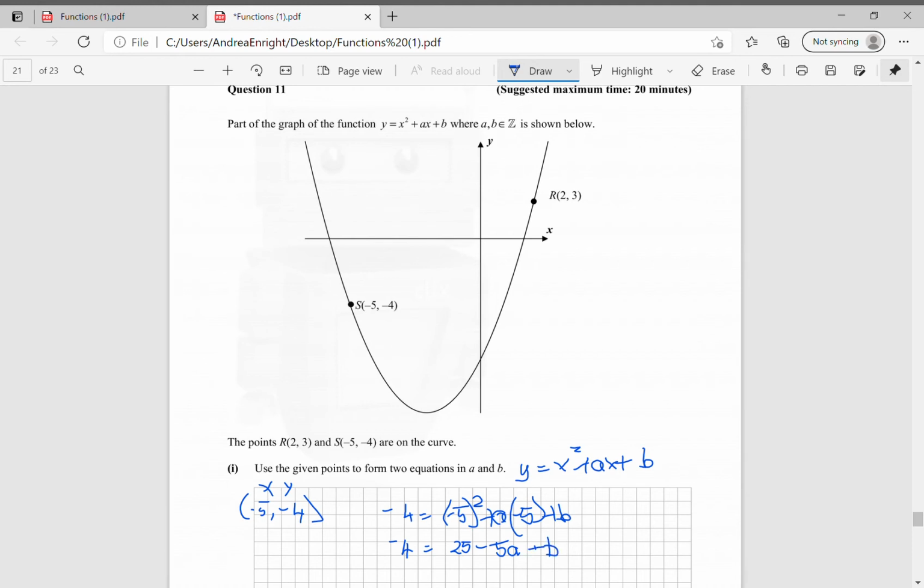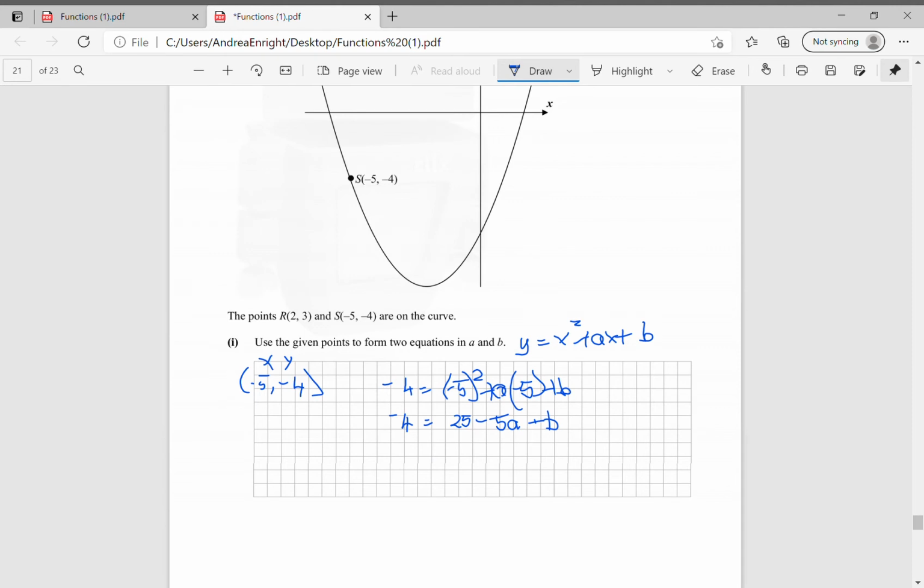Okay, so moving that around, you'll get 5a plus b. So I brought over the a, brought over the b. The 25 is here already. Bring over the minus 4, plus 4 becomes 29. That's one equation in a and b.